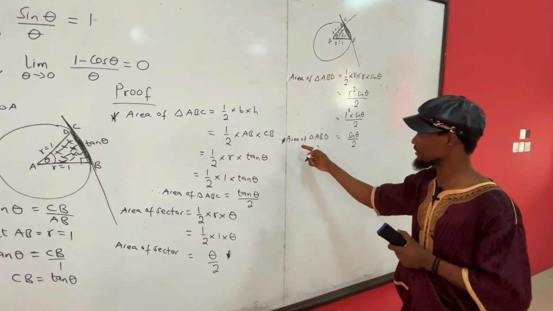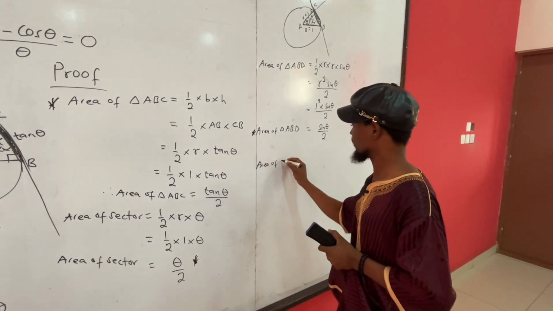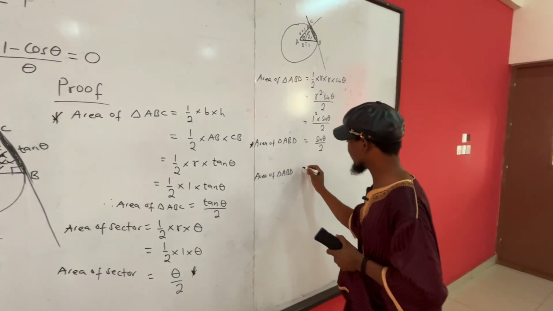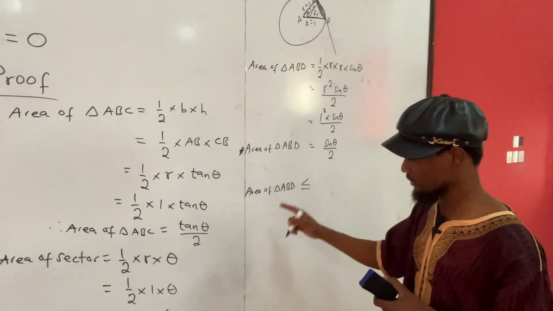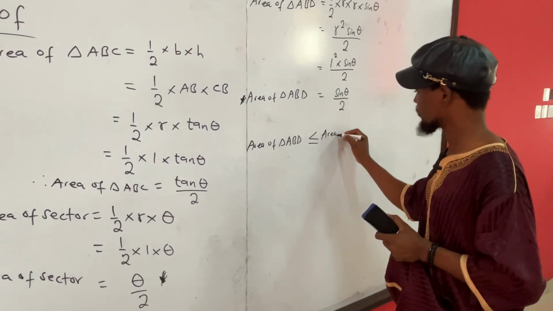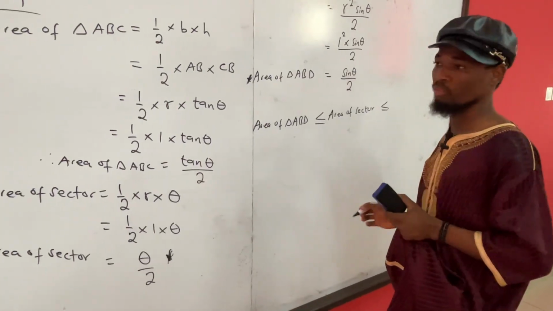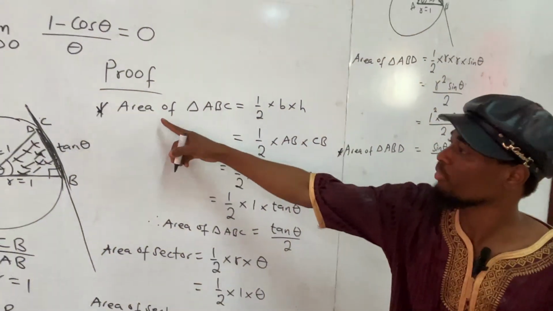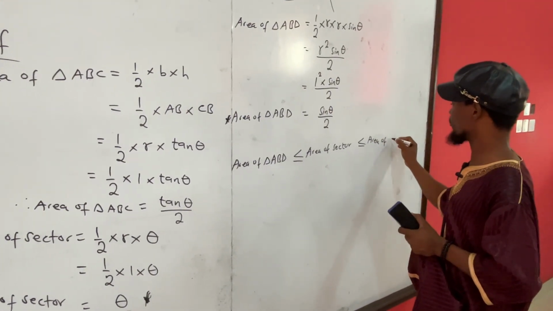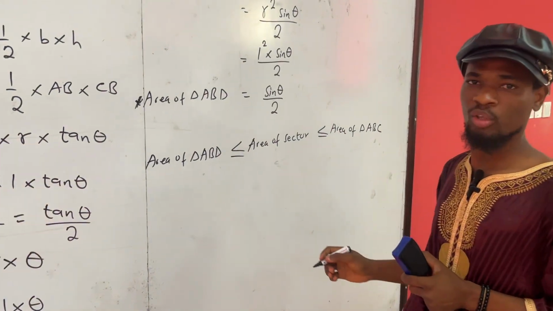So we can say that area of triangle ABD is less than or equal to the area of sector, which is less than or equal to the area of triangle A, B, and C.